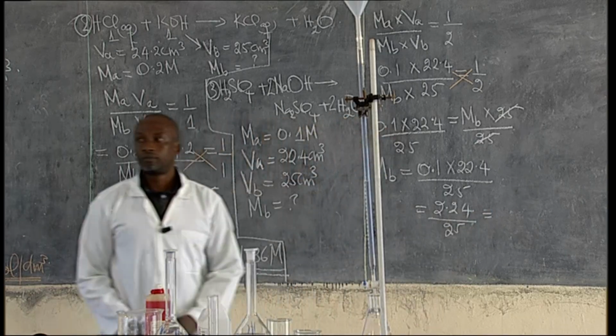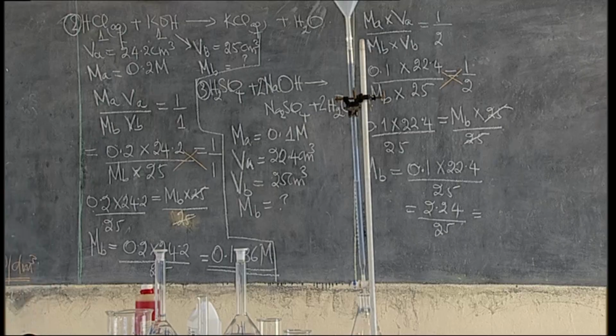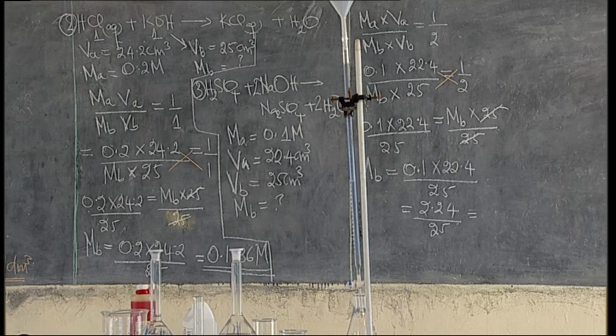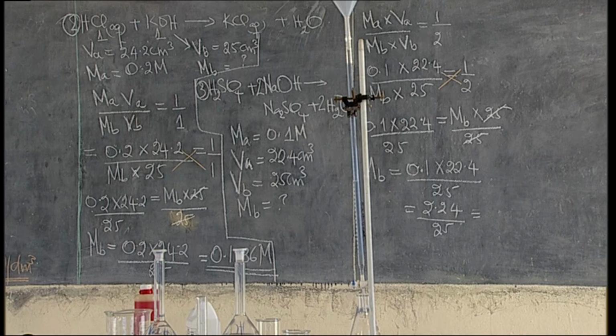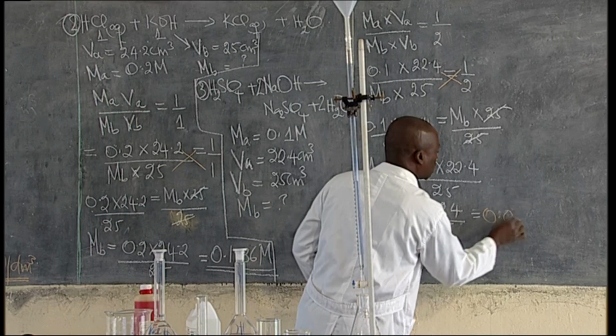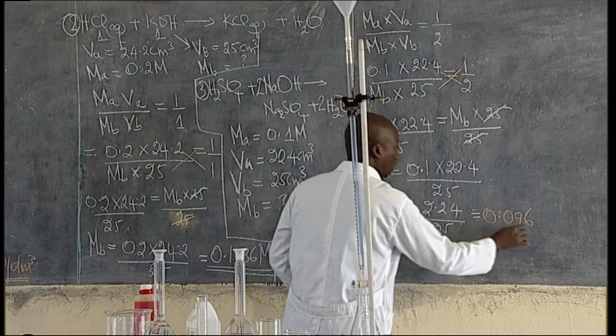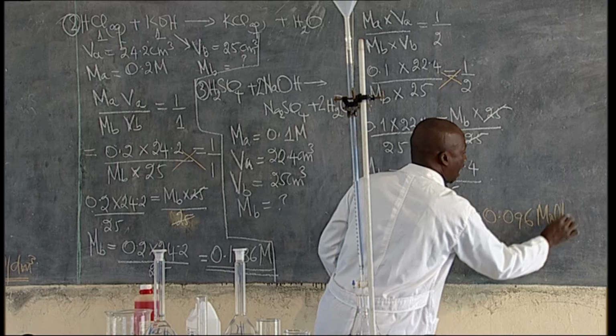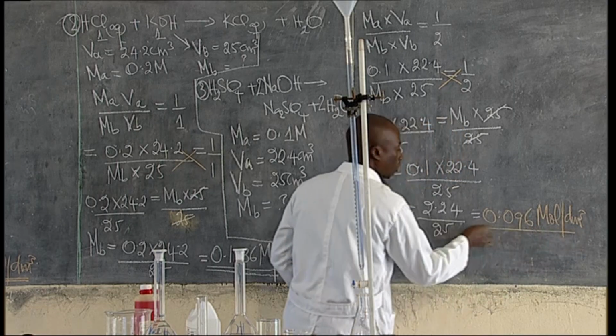What do you get? Press your calculator. What will be the final answer? So when I press the calculator, I find that 2.24, I divide by 25, and I get 0.096 moles per decimeter cubed.